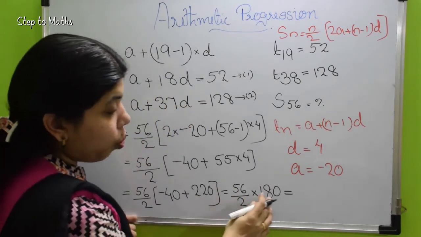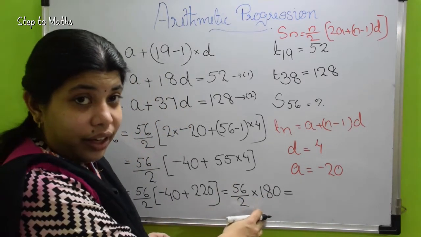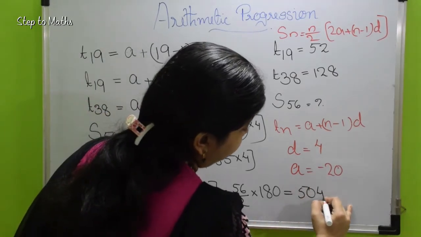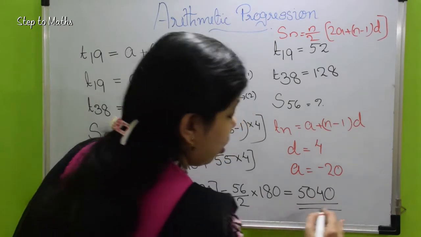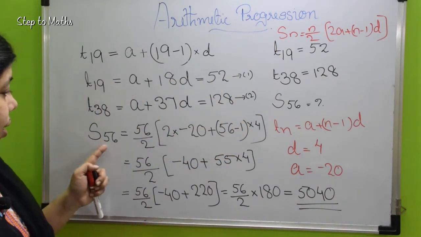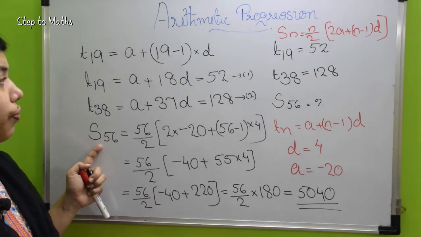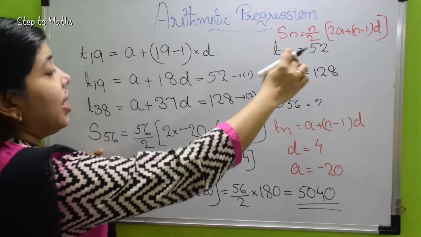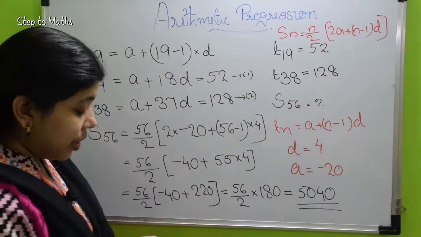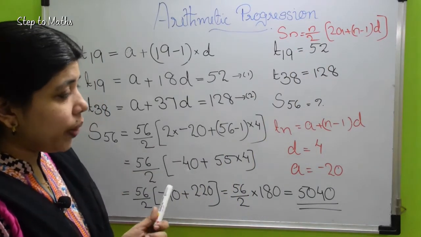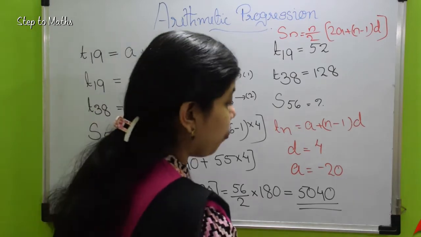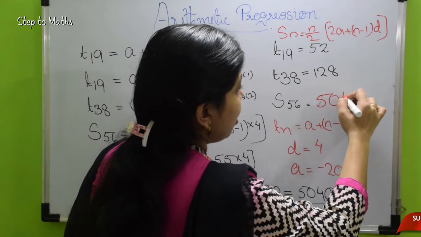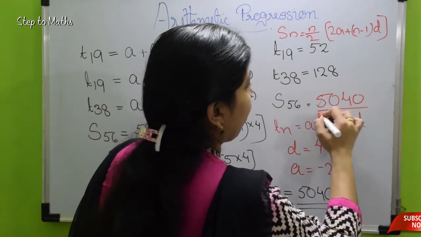So 56 upon 2 into 180 becomes 5040. That is the sum of the first 56 terms of the AP whose 19th term is 52 and 38th term is 128: 5040.